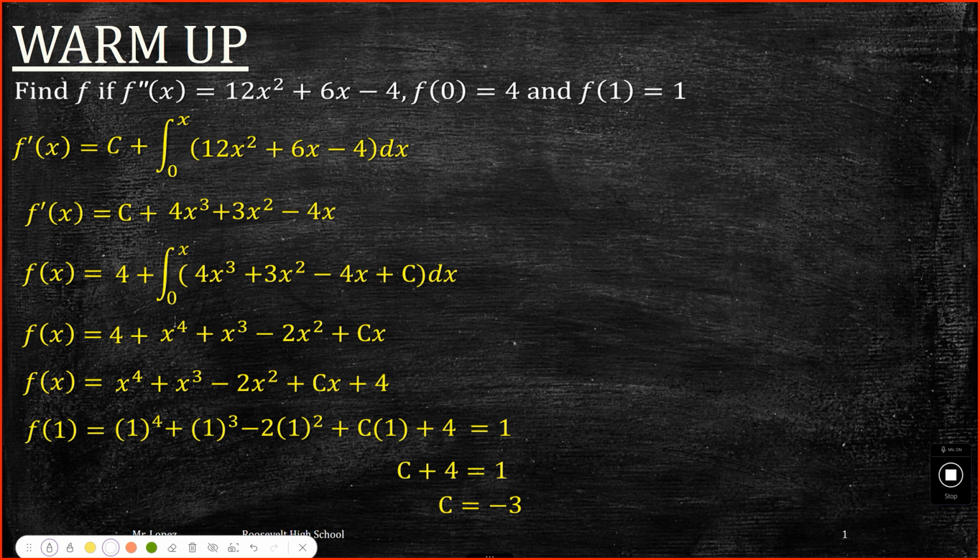Just plug in c is negative 3 and there's the function. The other one, if they would have given you f prime of 0 and that's f of 1, then it's easy. You just go step by step, plug it in, continue and get it. But when they give you two that are positions and you want to get from a second derivative back to the original function, that's going to be a little more complicated.